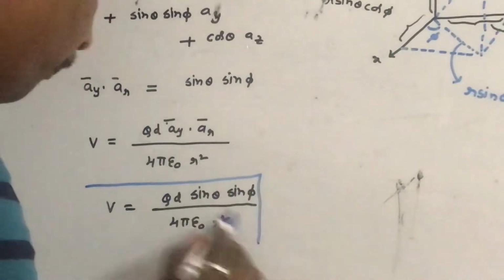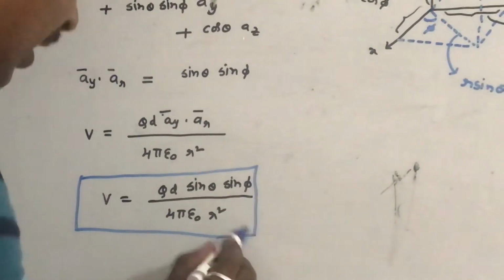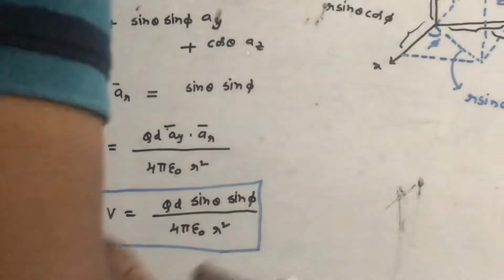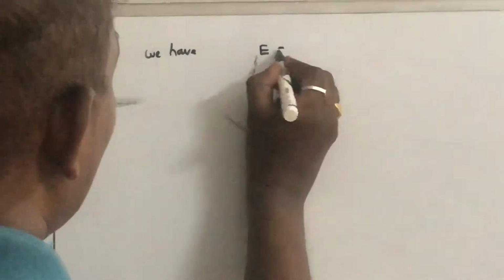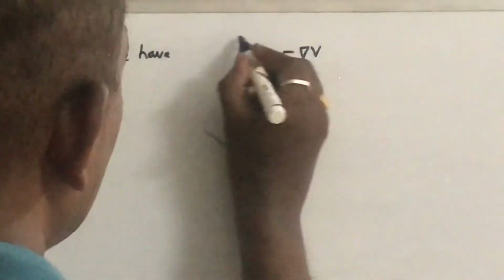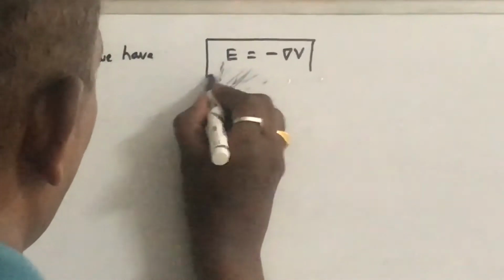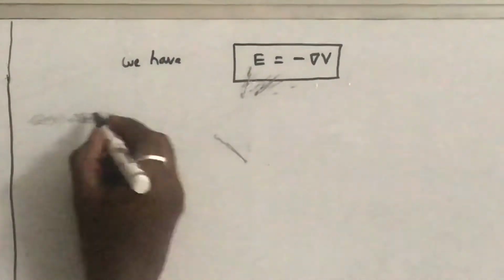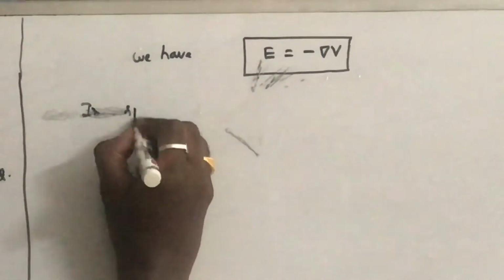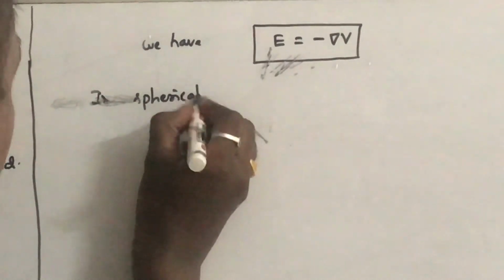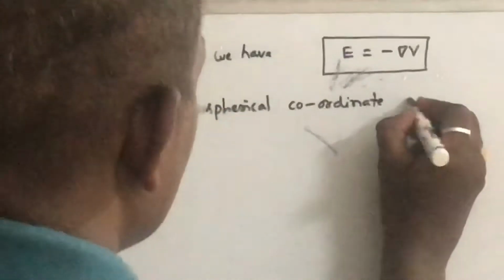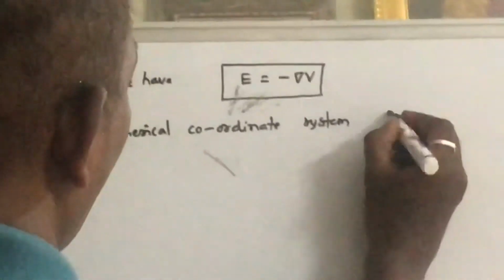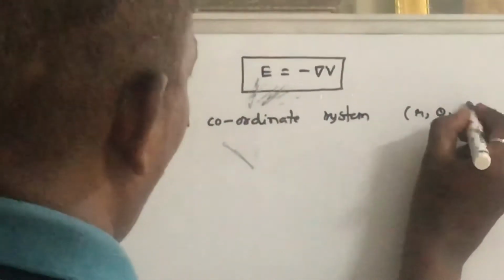Now coming to the electric field. We have the formula E is equal to minus grad V, a very important relation. In the spherical coordinate system, we have r, theta, phi.